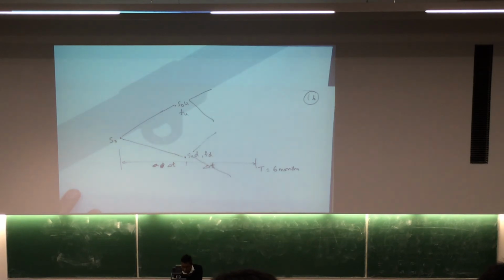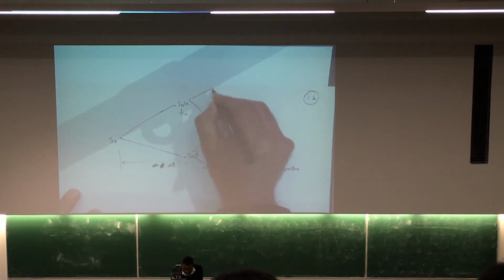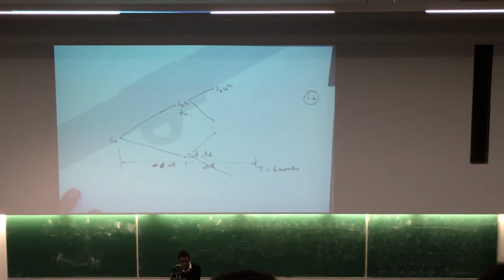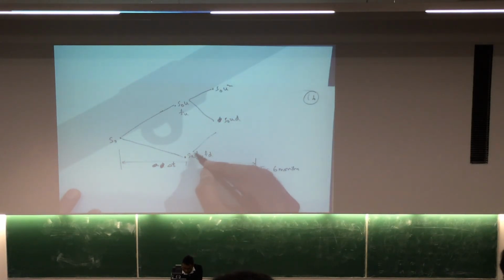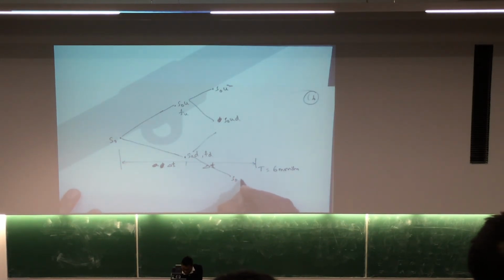So if this is going up, then obviously the stock price is S naught U square, and in this case the stock price is S naught UD. Obviously this would match with the same S naught UD and S naught D square.